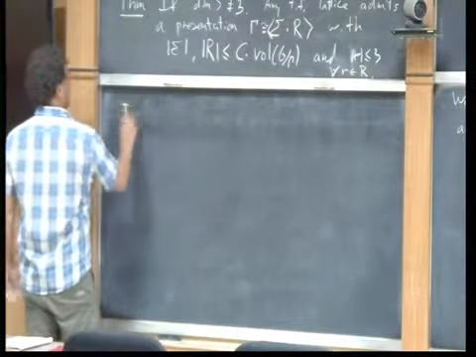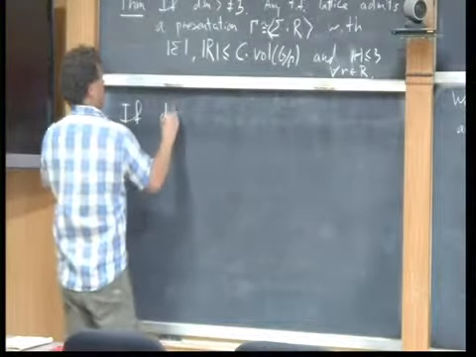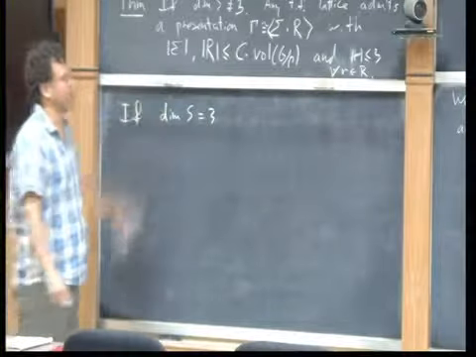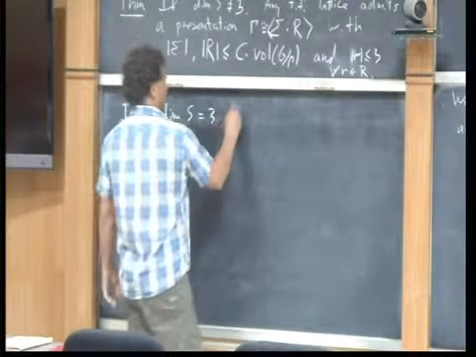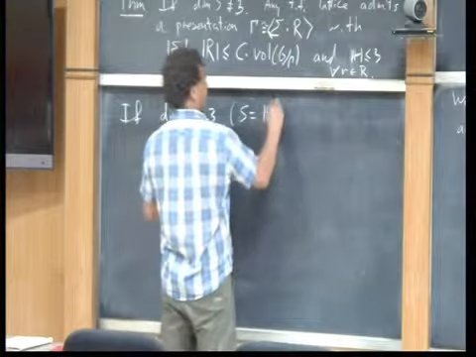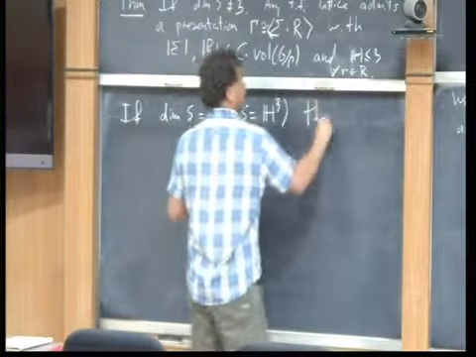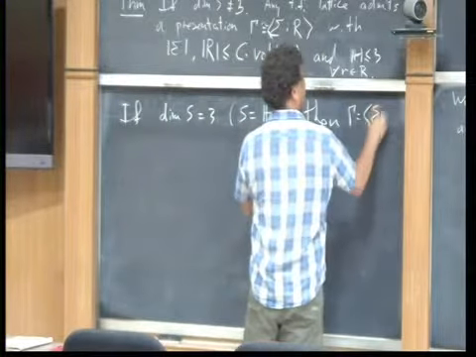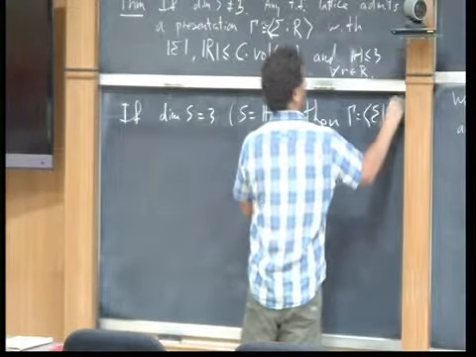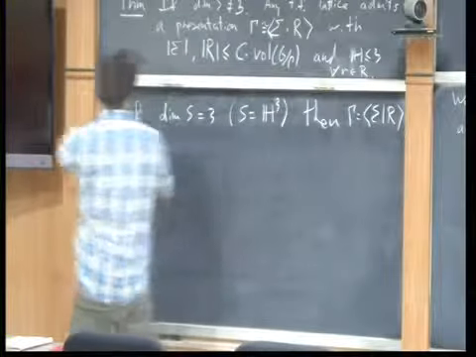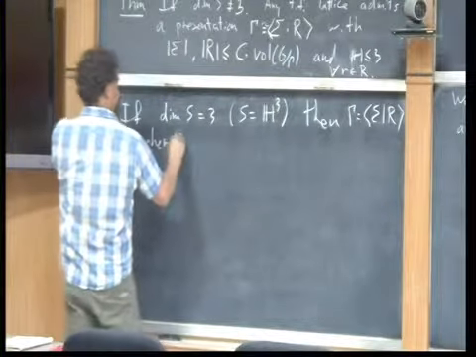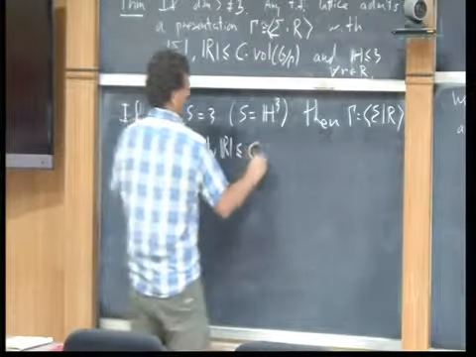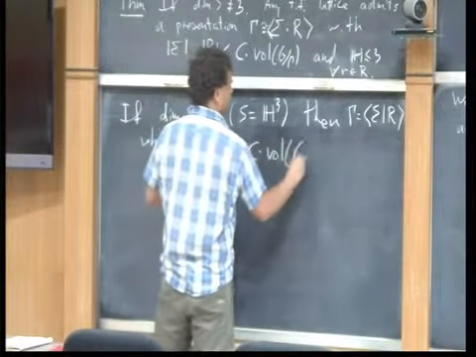Now if dim S equals 3, so we just say that S is the hyperbolic space of dimension 3. So S is H3. Then gamma is isomorphic to a group with generators sigma and relations R, where sigma and R are both bounded by this.